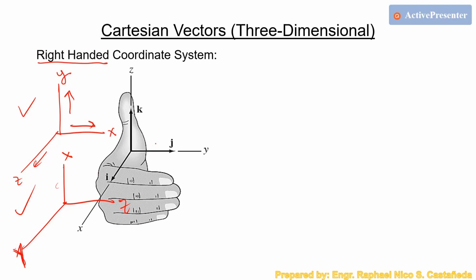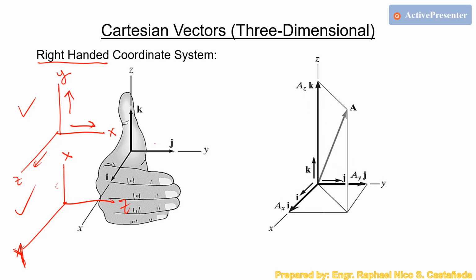So next one is vector A represented along the coordinate axes, with its three coordinate components. Here, vector A has components directed along the positive x, y, and z axes.